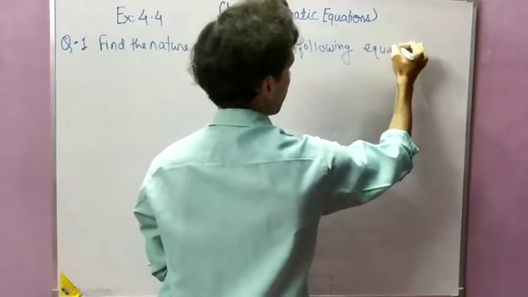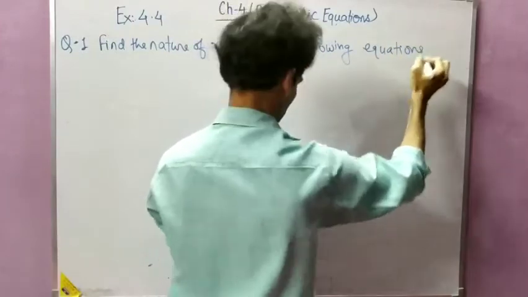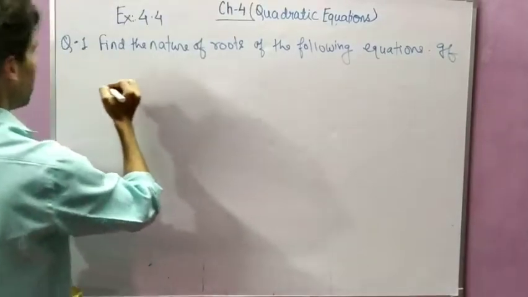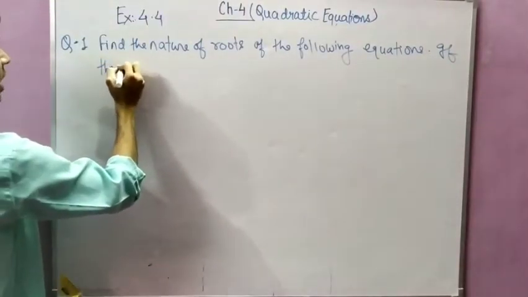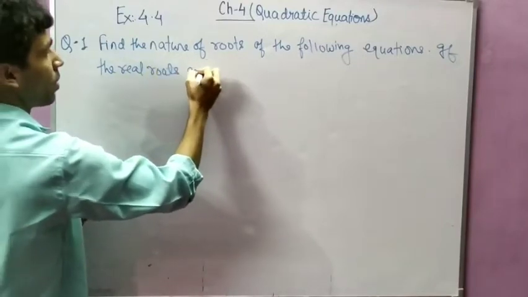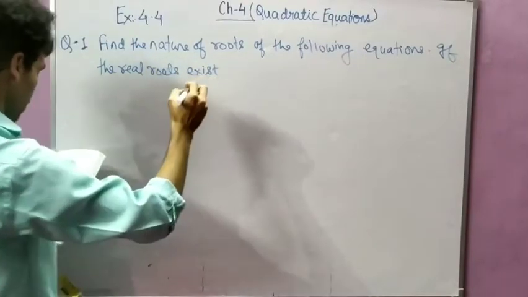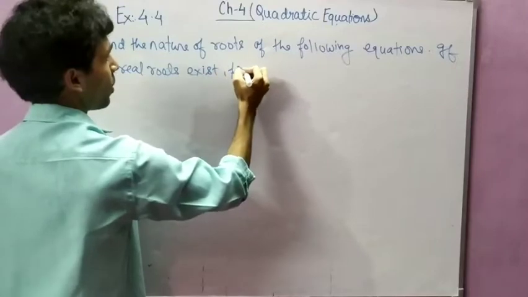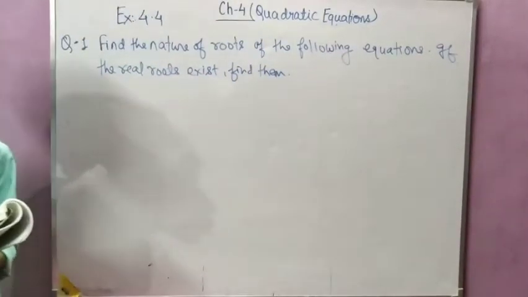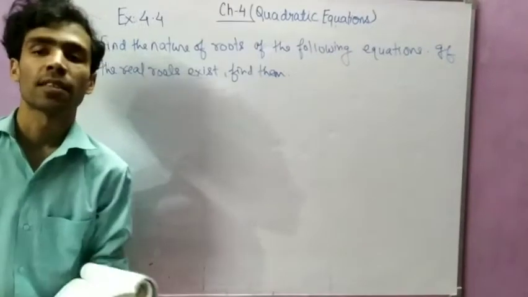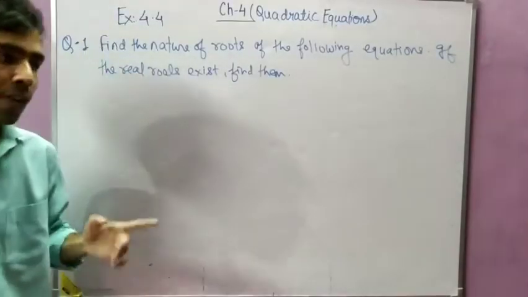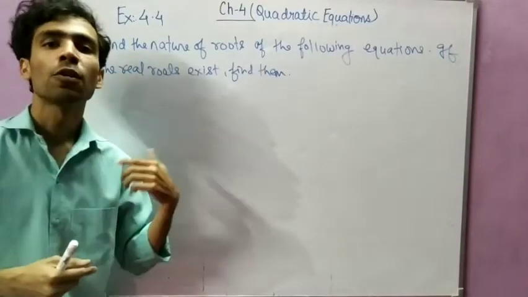If real roots exist, find them. I told you the nature of the roots. Real roots exist in two cases: when D is greater than 0 and when D is equal to 0. When they exist, you have to find the roots also.